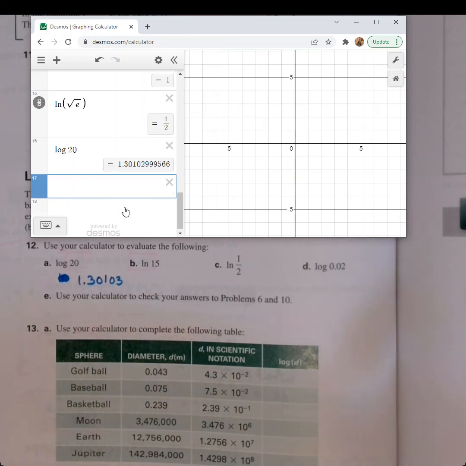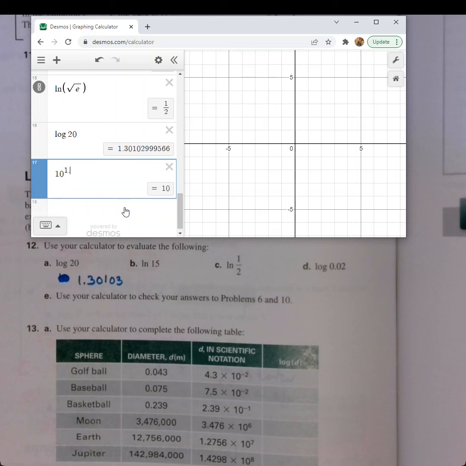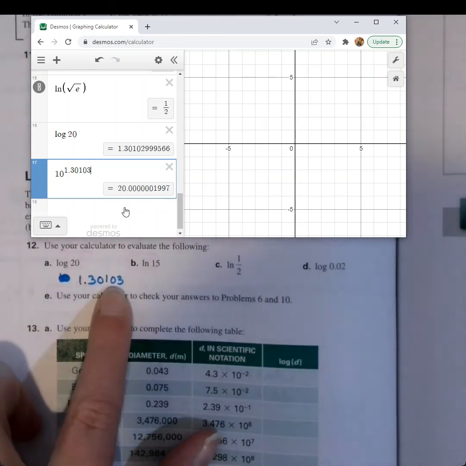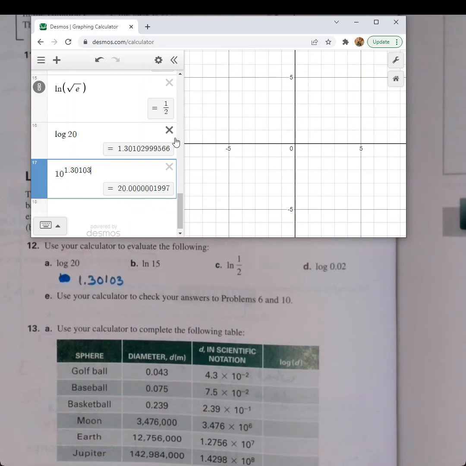This is supposed to be the power that I raised 10 to get 20. So I said 1.301013. And there were some more places. I could have kept a little bit more accuracy. But you can see we're basically getting 20, even if I had rounded it to 5 places. So I should be getting 20. If I kept the whole number, I might get even closer to 20.